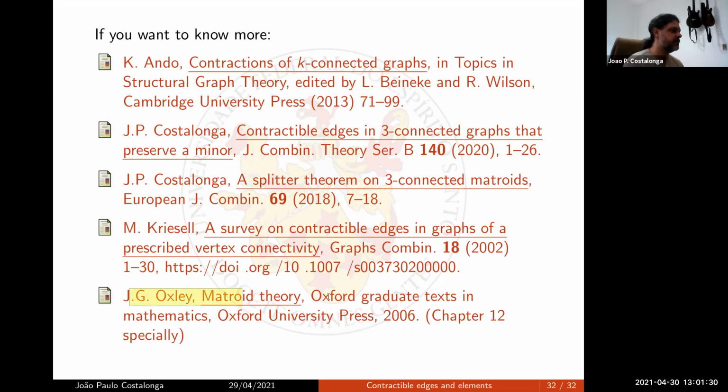And there's this nice book on matroid theory if you are interested too. If you want to see something closer to what I talked about, it's chapter 12. It's a long read, but if you're interested, this is what I recommend. And thanks for your attention.